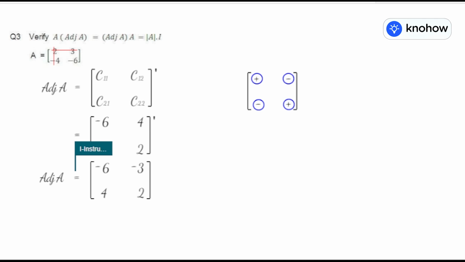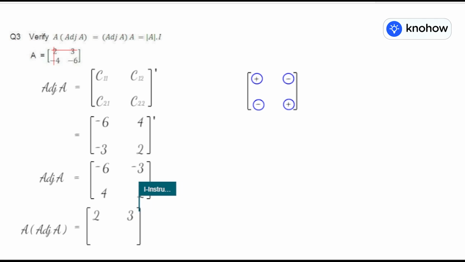And now we have to verify that A into adjoint A equals adjoint A into A equals determinant A into I, that comes later. So let us first find out A into adjoint A. Matrix A is 2, 3, minus 4, minus 6 multiplied by adjoint A.